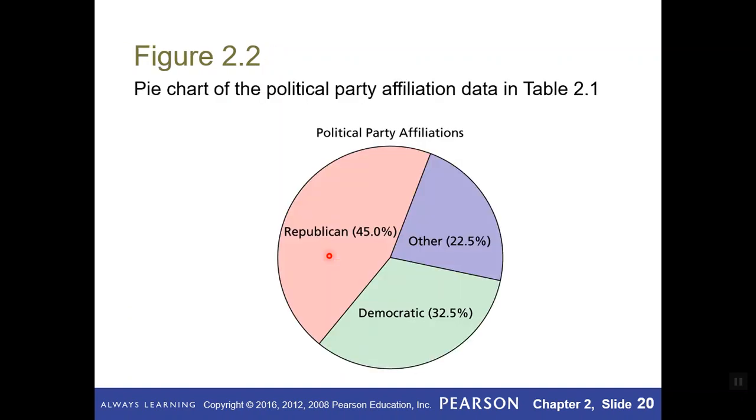You have to label those pieces in the pie chart. Okay, in this pie chart you can see the same example, Republican, Democratic, other. According to the frequency we have drawn this pie chart. I think for the Republican it is 13, Democratic I don't remember the values, but according to that value you have to calculate this percentage and draw this pie chart.